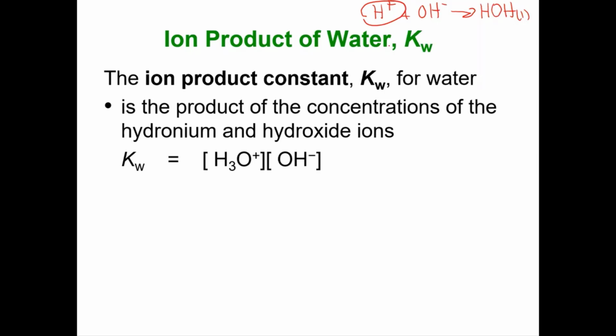So we then went on to discuss in the last lecture how at about 25 degrees Celsius, water can behave amphoterically, which means it can act as a base or an acid, depending on who's present. That water can self-ionize.